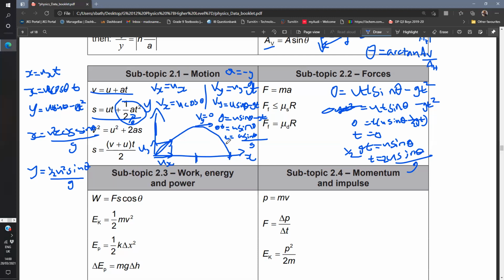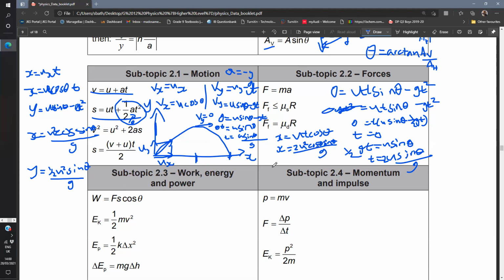And then we could find x. As I said previously, you can find x and double it. However, you can also do it this way: sine theta, substitute this here. 2u squared cosine theta sine theta over g.